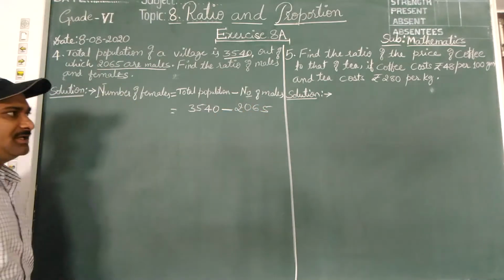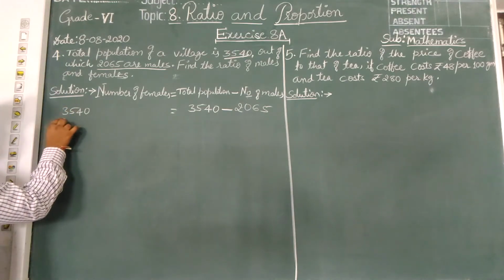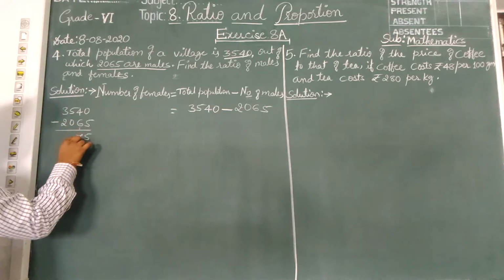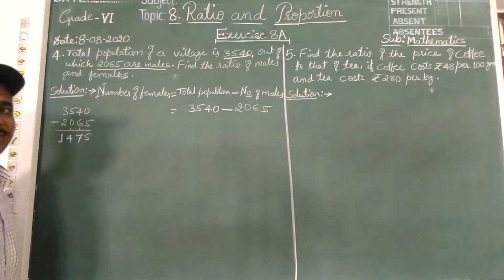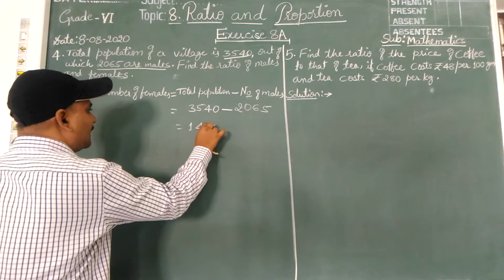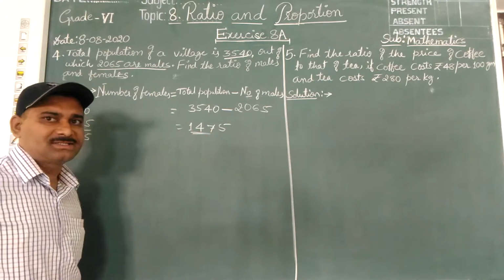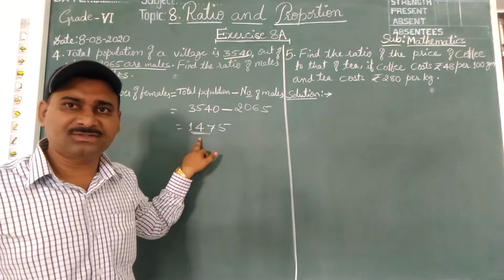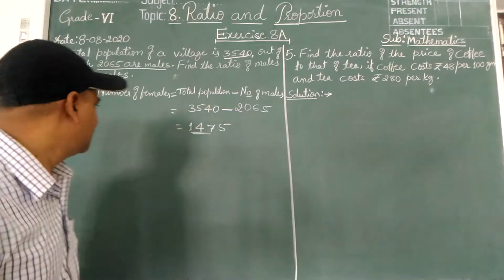When you subtract these two, 3,540 minus 2,065, you will get number of females: 1,475 are number of females. Now males are 2065, females 1475. Now we can find the ratio of males and females.